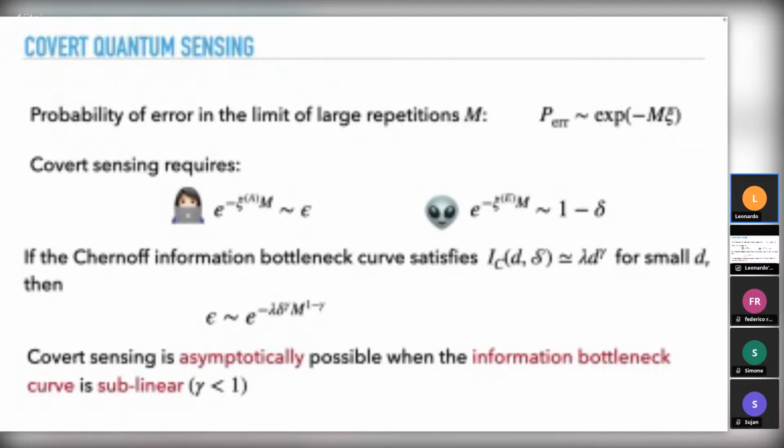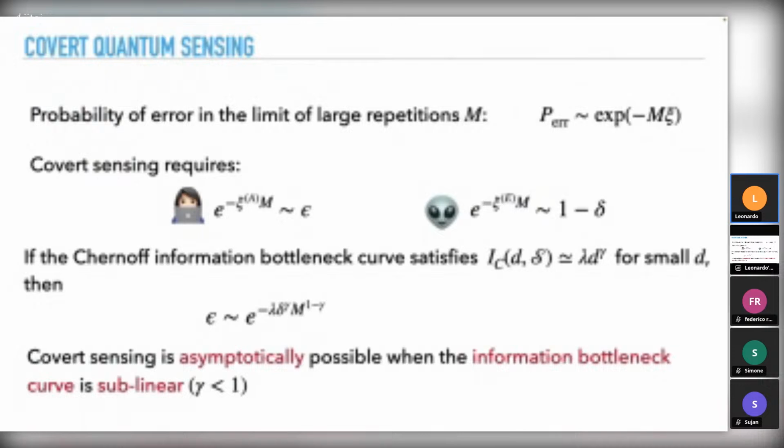So clearly, the exponential of something small is not good. It needs to be large. So if gamma is equal to 1, namely if this curve is linear, then it is not possible to achieve this equation, because this is small. So if you have the exponential times a small quantity, this has to be 1.